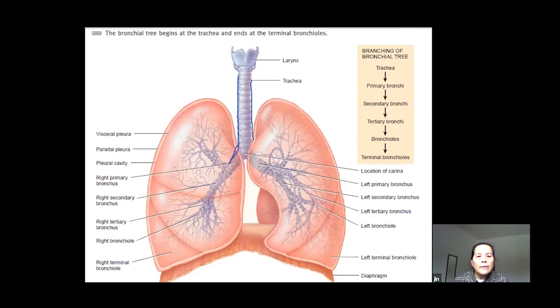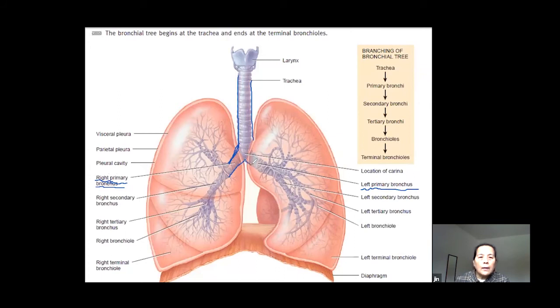With bronchi we have different levels. That's the first bronchi, just coming from the trachea. We call it the pulmonary bronchi. On the right side, we call it the right pulmonary bronchi. On the left side, we call it the left pulmonary bronchi.